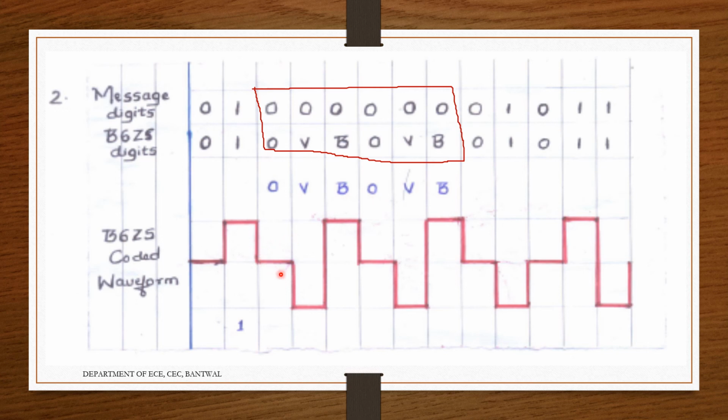Plus 1 is there, right? So it should be 0. I have done plus for this one, and even for this one. Okay, 0 plus 1 minus 1 plus 1, sorry, it should be 0.